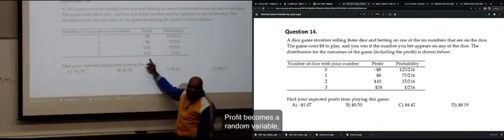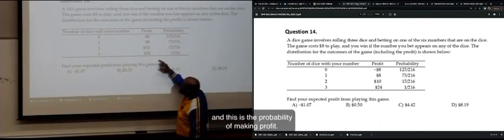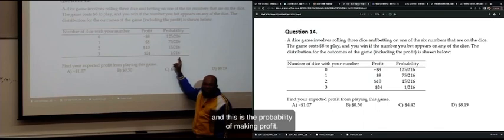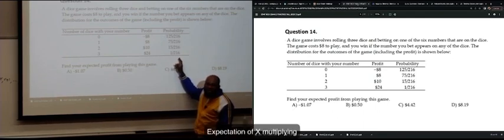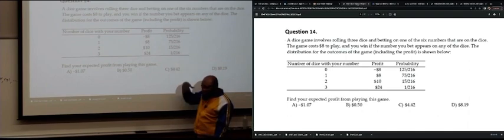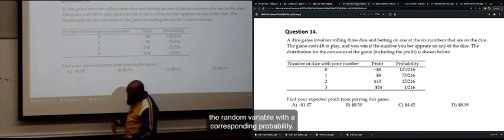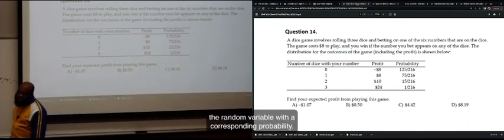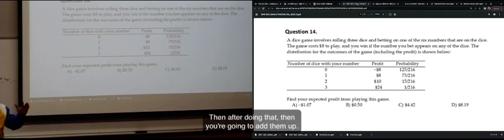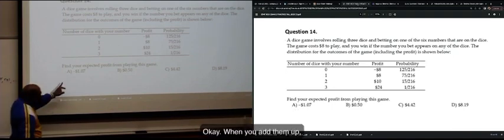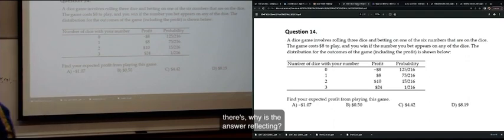Profit becomes a random variable, and this is the probability of making profit. You remember what we did in chapter 4, the expectation of x: multiplying the random variable with the corresponding probability, and then adding them up. Why is the answer not reflecting here? I think the answer should maybe be A.